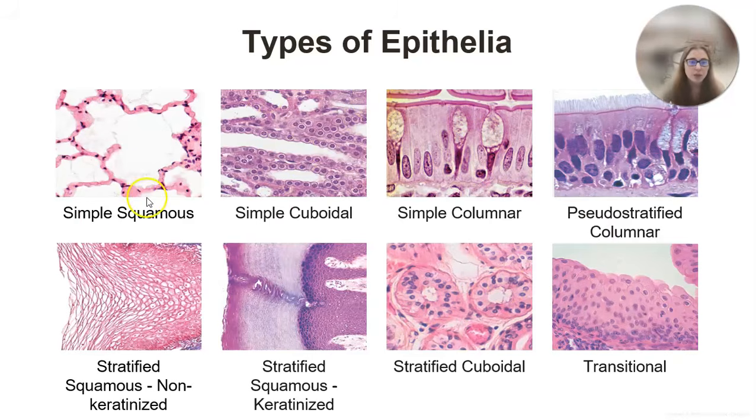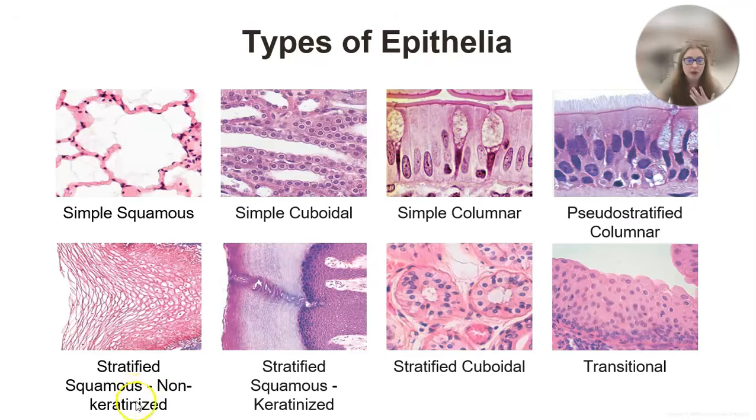So looking here, we are going to have our simple squamous epithelium. That is our one-layered, funky-shaped, flat cell epithelium, simple cuboidal, simple columnar. Then we have that pseudostratified. Remember, this is going to be the type of epithelium where all the cells touch the basement membrane. Not all of these cells are going to touch the lumen, though.